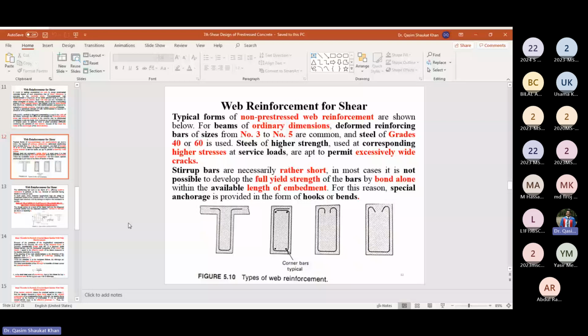So we will prefer to have ordinary strength steel, which produces lower stresses and correspondingly lower cracks at the service loads. So in general, embedment length is insufficient to develop the full yield strength. To cater to this, we provide anchorage in the form of hooks or bends.